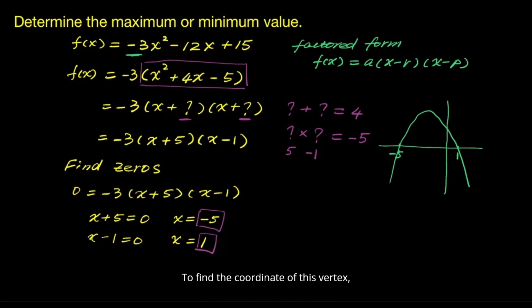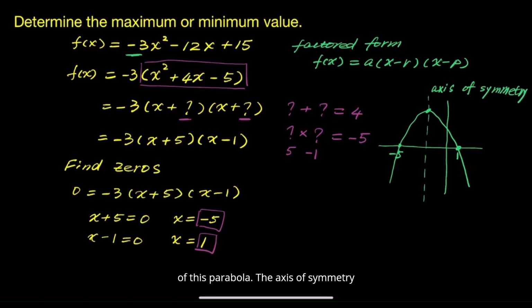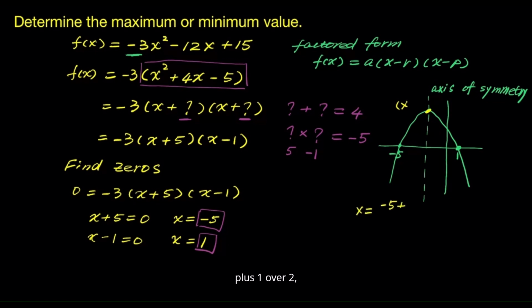To find the coordinate of this vertex, we know it lies on the axis of symmetry of this parabola. The axis of symmetry is exactly in the middle of these two zeros. So for the x coordinate of this vertex, it will be the average of the two zeros, negative 5 plus 1 over 2, which is negative 2.